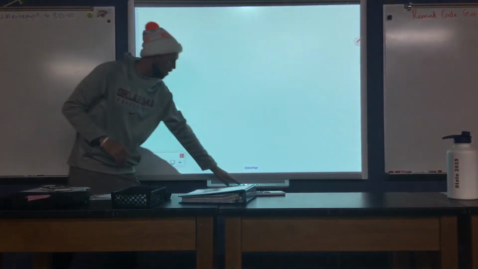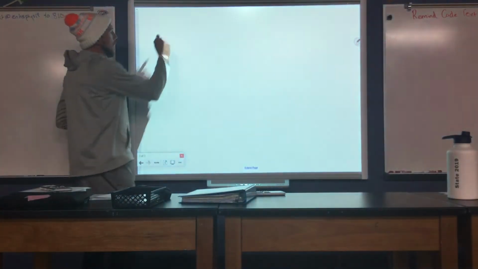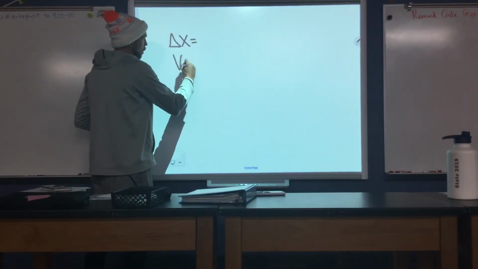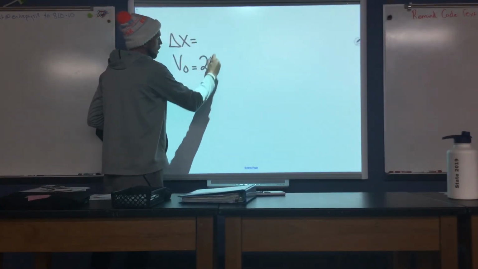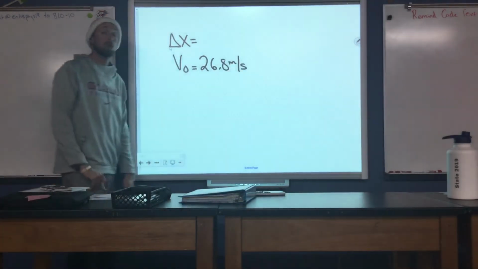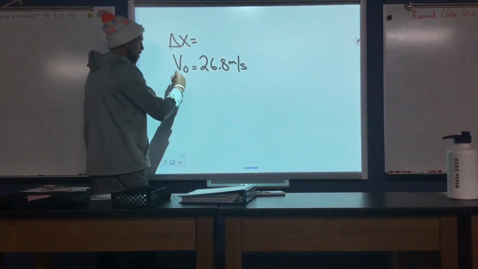So what I'm going to do here is, just like with any kinematics problem, list out my variables. Delta x, my initial velocity, which we were provided with, about 60 miles an hour or 26.8 meters per second.